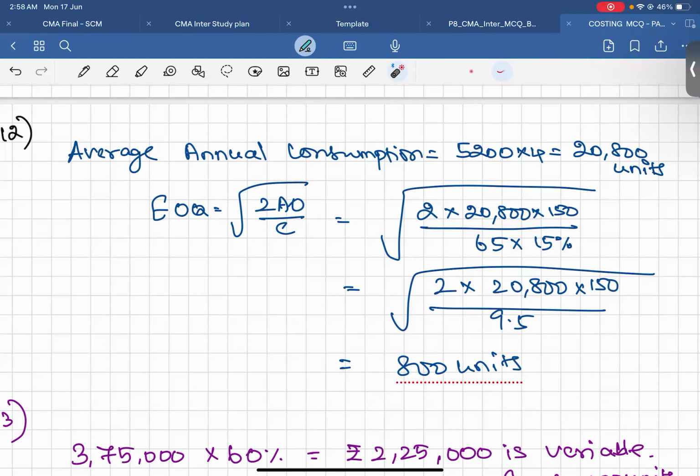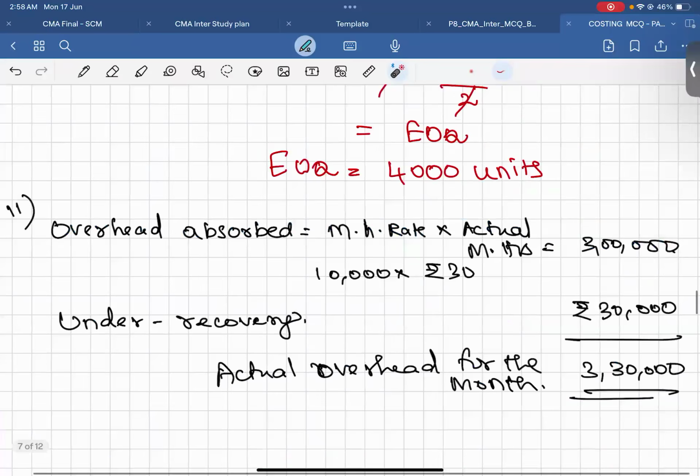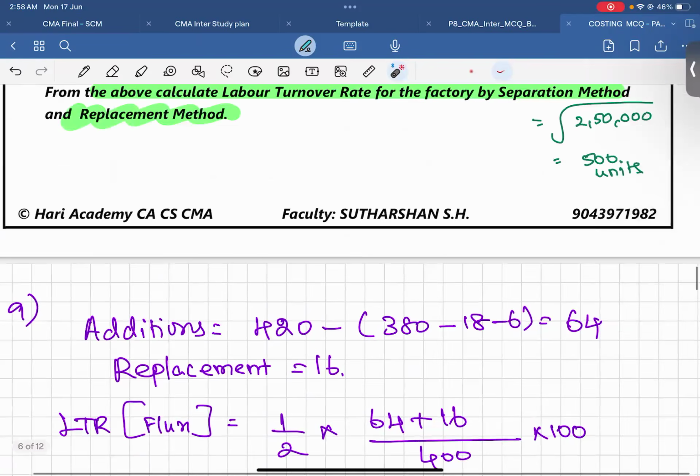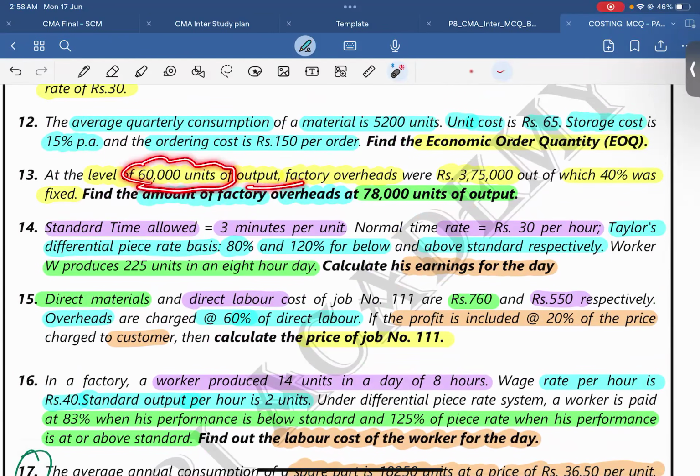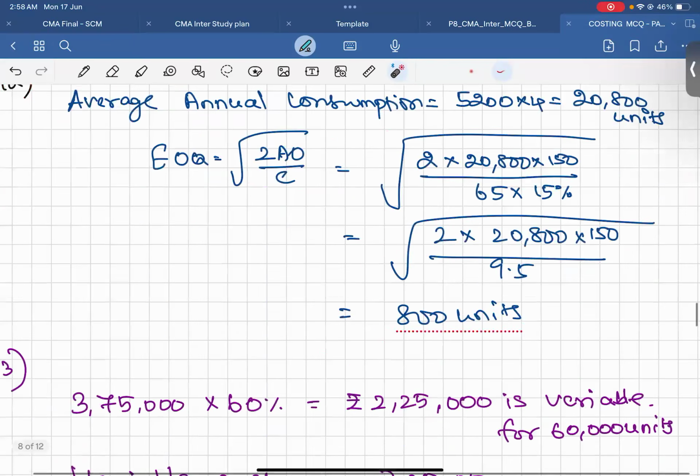If you take that value, it will give you 800 units. The answer is 800 units. Then come to question number 13. At a level of 60,000 units of output, factory overhead was 3,75,000, out of which 40 percent was fixed. Find the amount of factory overheads at 78,000 units of output. Interesting question, slightly tricky.